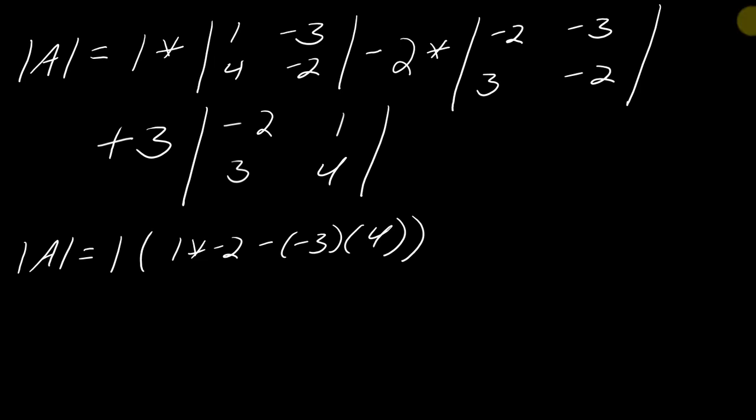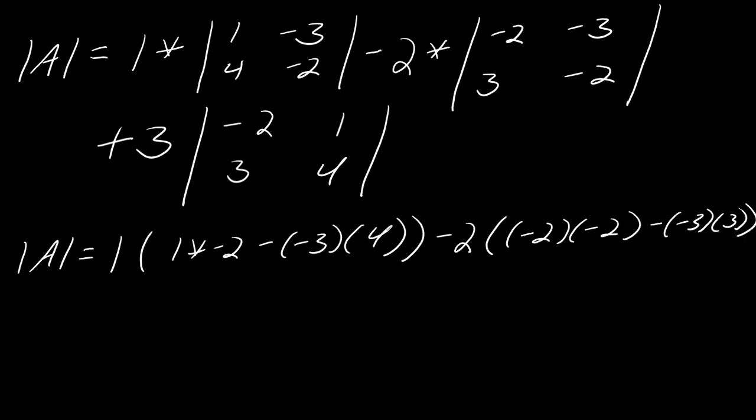Next, I go to this little part here. So this is minus 2 times (-2 times -2 minus -3 times 3). And then we're going to have plus 3 times (-2 times 4 minus 3 times 1).